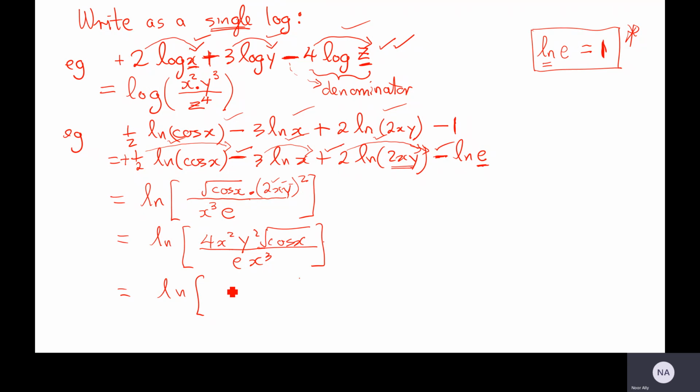The ln of 4y squared square root of cos x over x, and there I've written it as a single logarithm. Yes, this may be ln, but it's still logs with the base e.